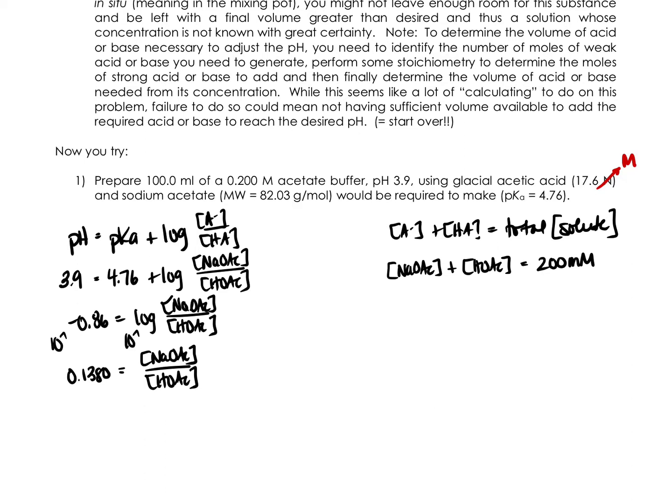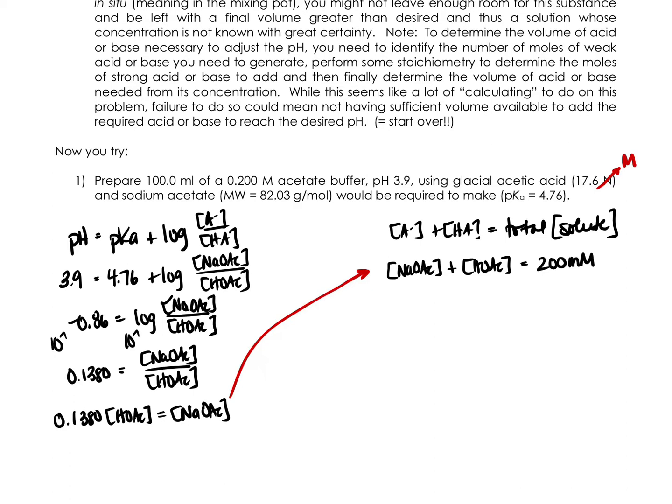What we're going to be able to do now is solve this equation for sodium acetate concentration. So 0.1380 times HOAc equals my concentration of NaOAc. And then I'm going to take this and substitute it over here.